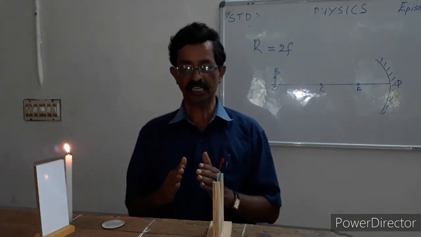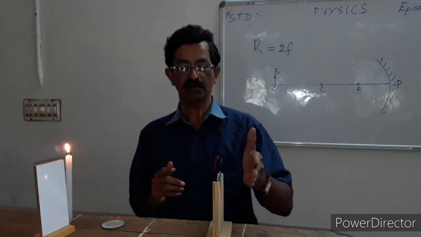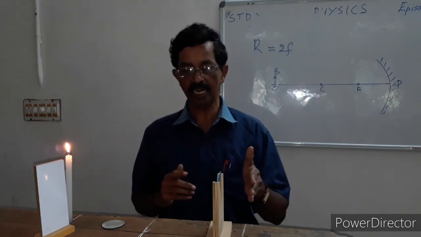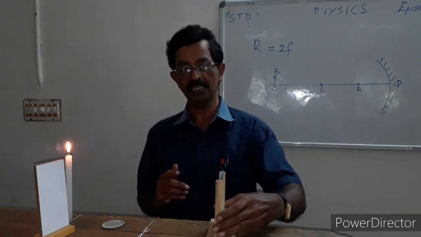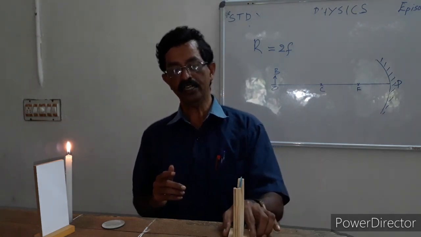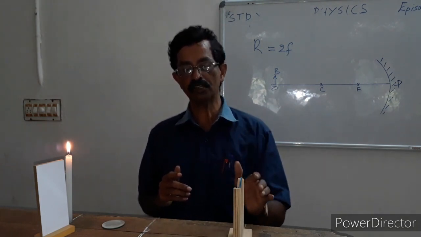At first you measure that focal length and then mark a line on the desk and keep the mirror on that line, on the mirror stand, with its pole on that line.